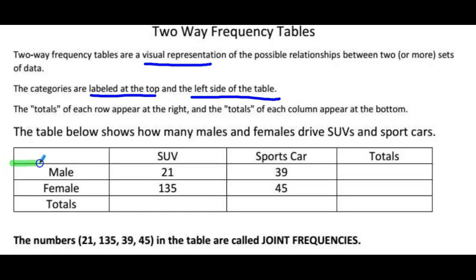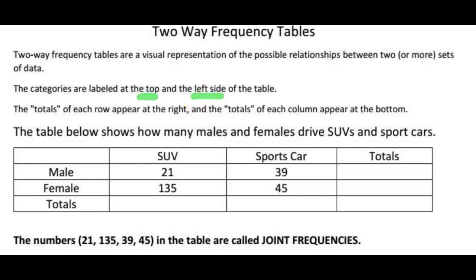Down the left side is male and female, and across the top are SUVs and sports cars. Those are the two categories this table is referring to. So you have these categories at the top and the left.